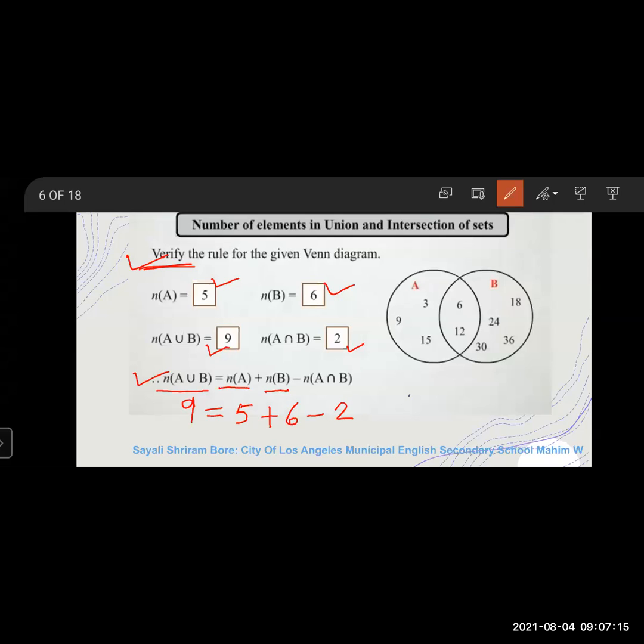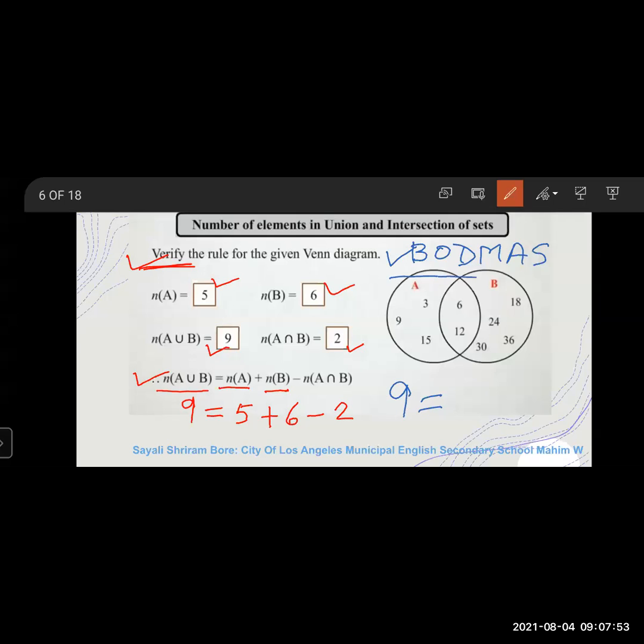So 9 will be as it is, equal to 5 plus 6 minus 2. Here, keep in mind that you have to use the BODMAS rule. No doubt if your answer is correct, but always follow the BODMAS rule: bracket, then of or the operations, division, multiplication, addition and subtraction.